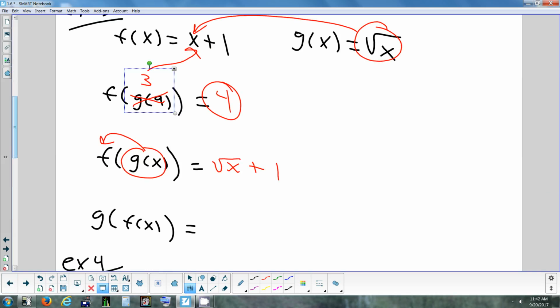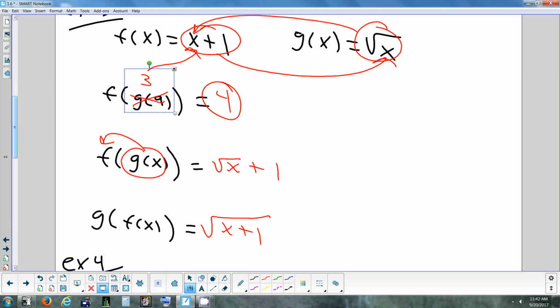What did you write down? Like it's all under the same. Yes, all square root. So they're both square root of x plus 1. The difference is, for f of g, it's all under the square root, because you're taking all of this and replacing the variable. Okay, so any questions on that idea?